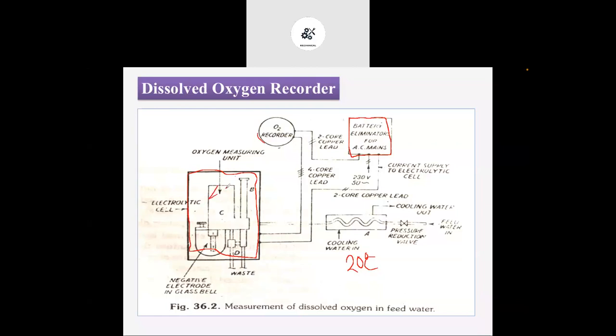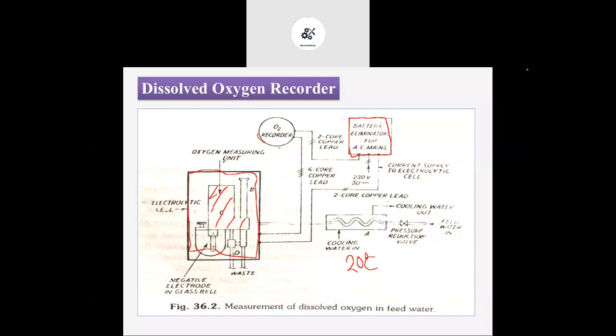It passes through this B part, where we maintain a constant flow of water, which then enters the C part. The C part is the main oxygen measuring unit. It contains spiral type instruments which actually measure the oxygen. For the measurement of oxygen, we use the thermal conductivity, the electrical conductivity property of the water.